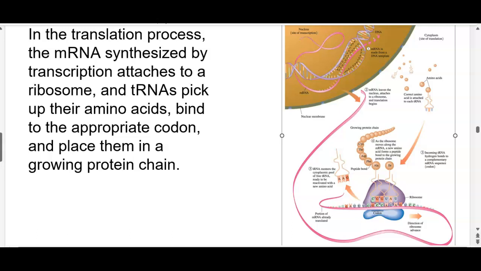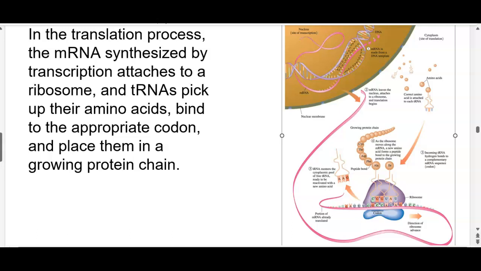Once the messenger RNA gets attached to the ribosome, you have incoming transfer RNAs, which hydrogen bond to the complementary bases in the appropriate codon.